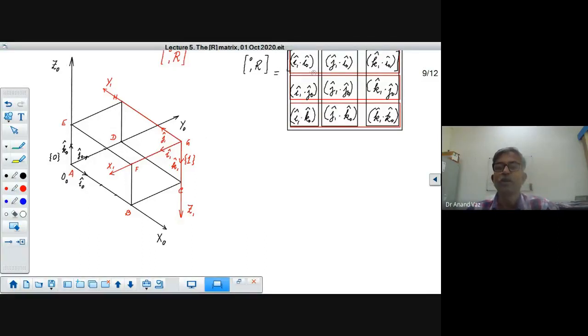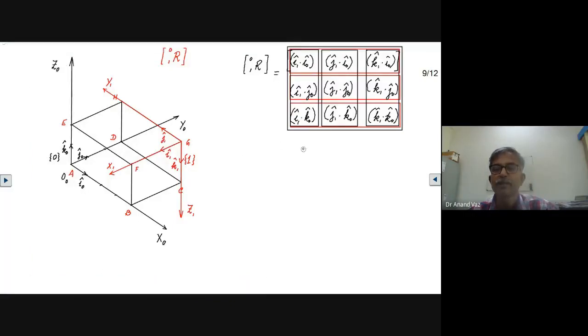I1 dot I naught. You can see I1 is this vector and I naught is this. They are mutually perpendicular, so this element will be 0. Then I1 dot J naught. Both are parallel but in opposite directions. Viewed from frame 0, I1 points in the negative direction, so you put -1.